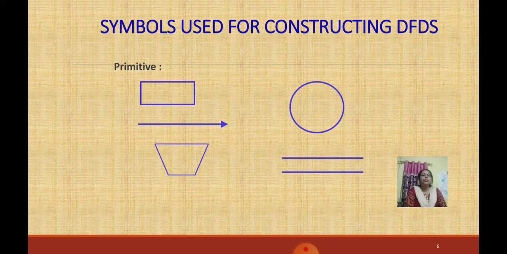Then data flow is represented through an arrow mark, and two parallel lines are used to store data, meaning the data stored in the database. The last symbol is used to show the output. I will briefly explain each symbol in detail.